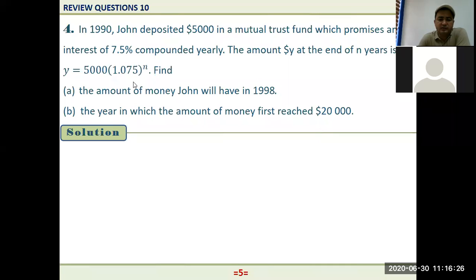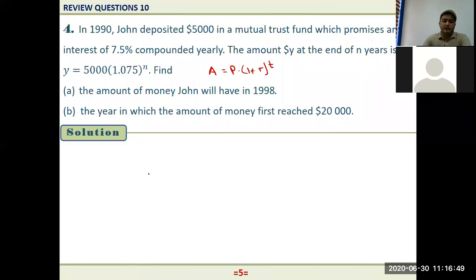We are just using A equals P times (1 plus R) to the power n. R is 0.075, so here we have 1.075 to the power n. Even if it is not given, you should know that we should use this formula.